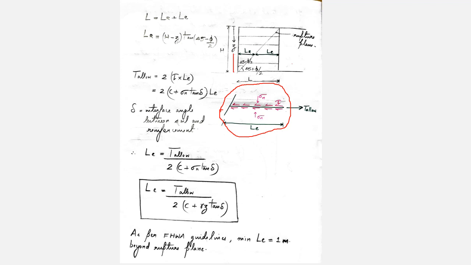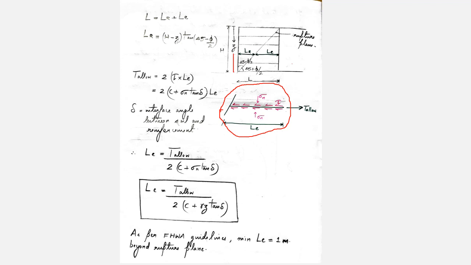To counteract that, we'll always have a T allowable acting in the opposite direction. Now if you equate the shear forces, T allowable is equal to tau into LE. But since the shear force acts on both sides of the reinforcement, it will be 2 times tau into LE. That is the total shear force transferred, and to counteract that, we have the T allowable.